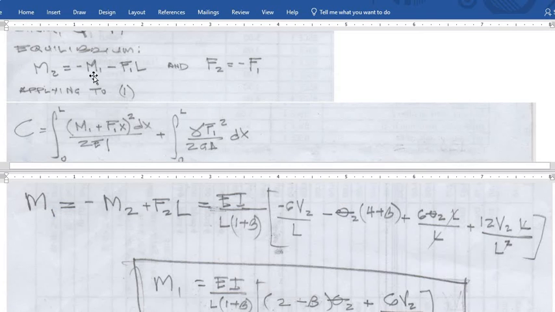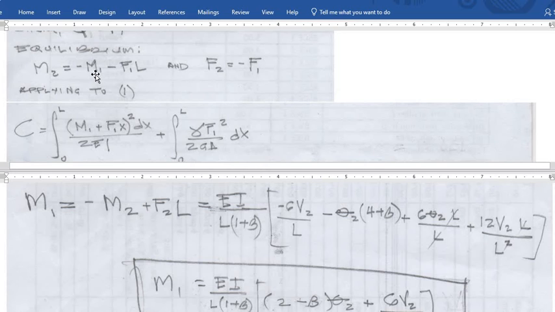So, M1 becomes now negative M2 minus F1L. Okay, let me repeat. From this equation, let's isolate M1.